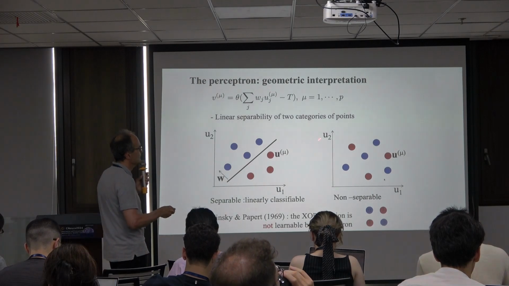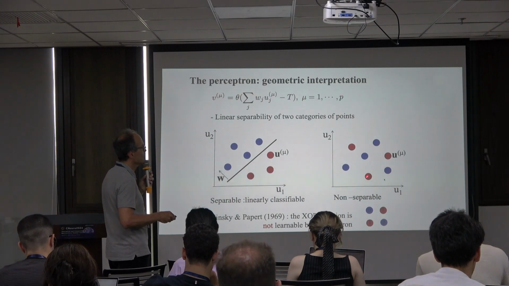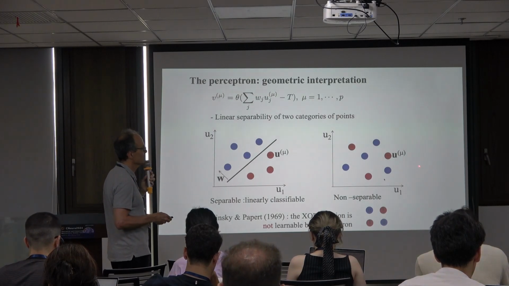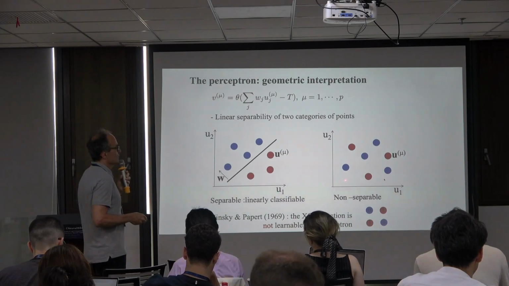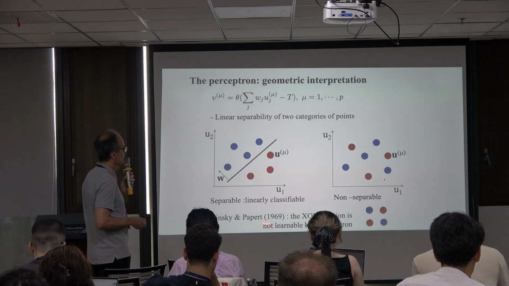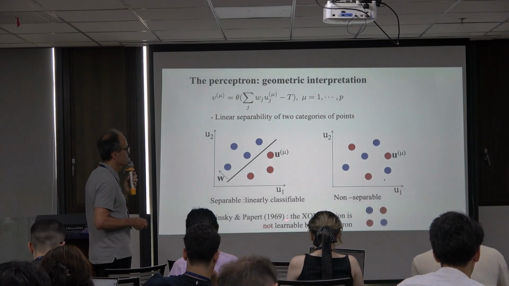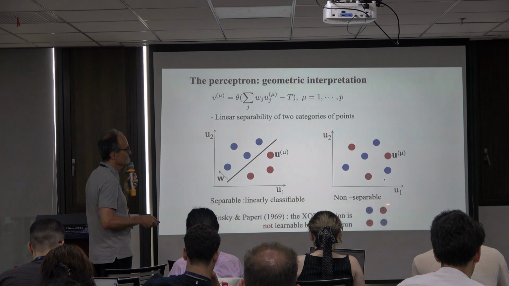But if you have this pattern, it's not possible to put a single line where all the red are on one side and all the others are on the other side. So one contribution was this Minsky and Papert contribution that pointed out that if you have this kind of thing, you cannot learn it by the perceptron.